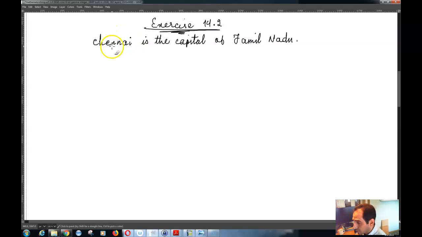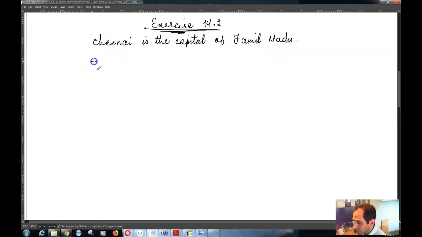The negation of this would be it is false. For example, you could say it is false that Chennai is the capital of Tamil Nadu, or you can say that it is not the case that Chennai is the capital of Tamil Nadu.